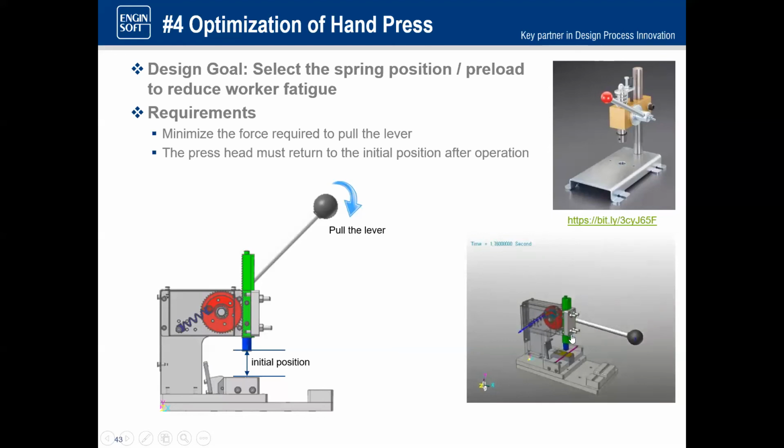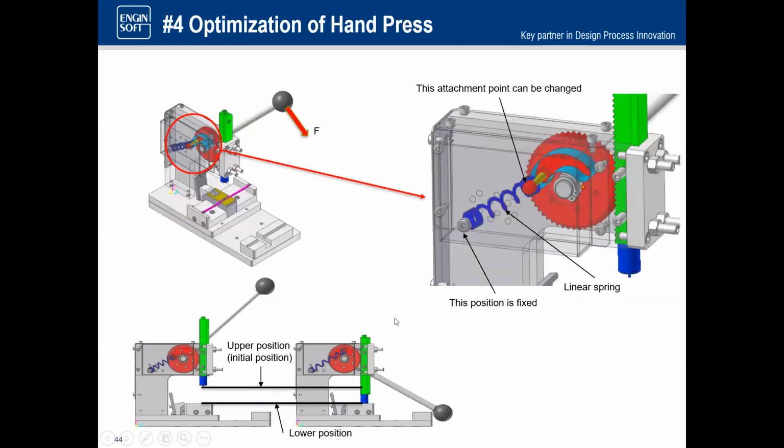So we can see this in the animation. It pulls down, and then when it's released, it does come all the way back up. There's a little bit of bouncing there. So looking at the details of the model, we can see that the critical thing we have here is a spring that connects into this wheel.